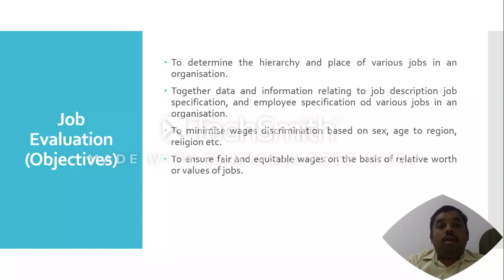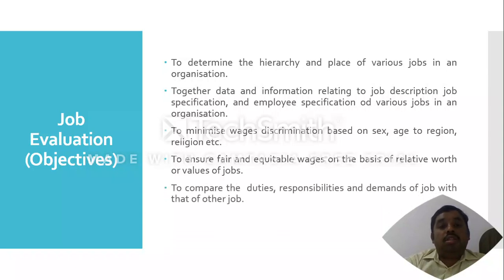A lump sum salary cannot be fixed. As I said earlier, the salary is also divided into parts. Based on that, you need to identify the factors. So this is what it says: to ensure fair and equitable wages on the basis of relative worth or values of jobs.